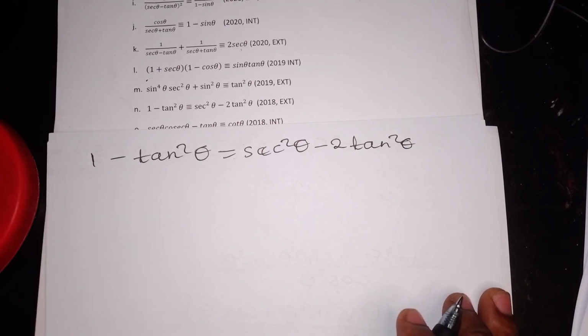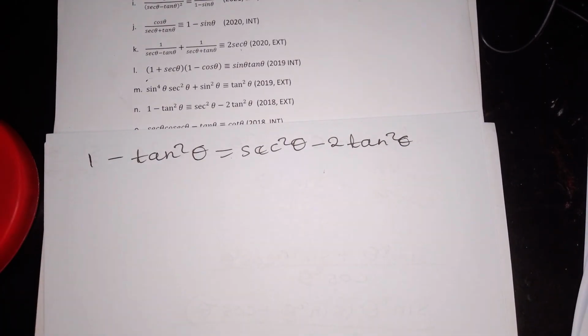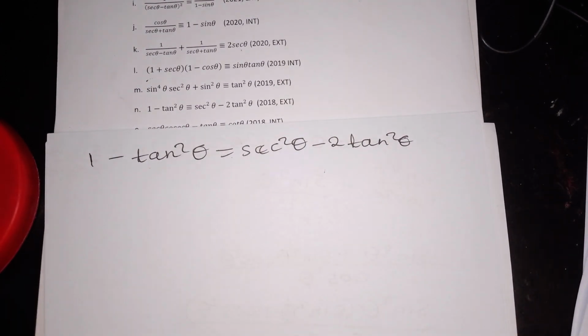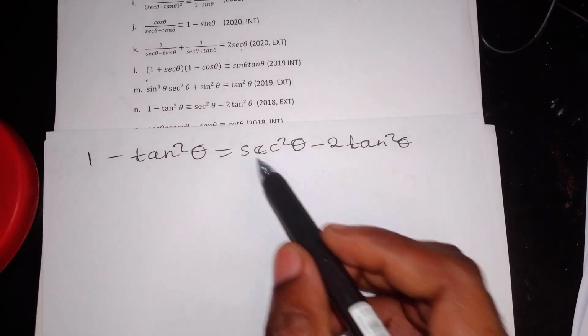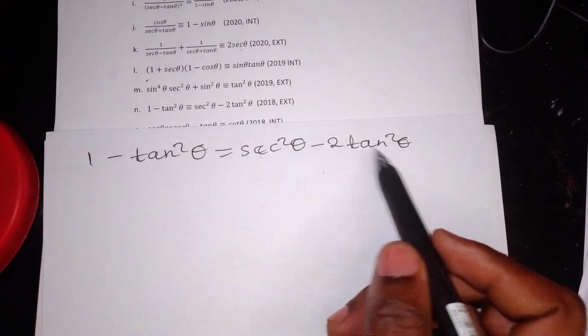This one appears easier this side than this side, though you can use any of the two sides. I think it's easier this side. Let's just use this. Of course we have an identity which relates sec to tan.